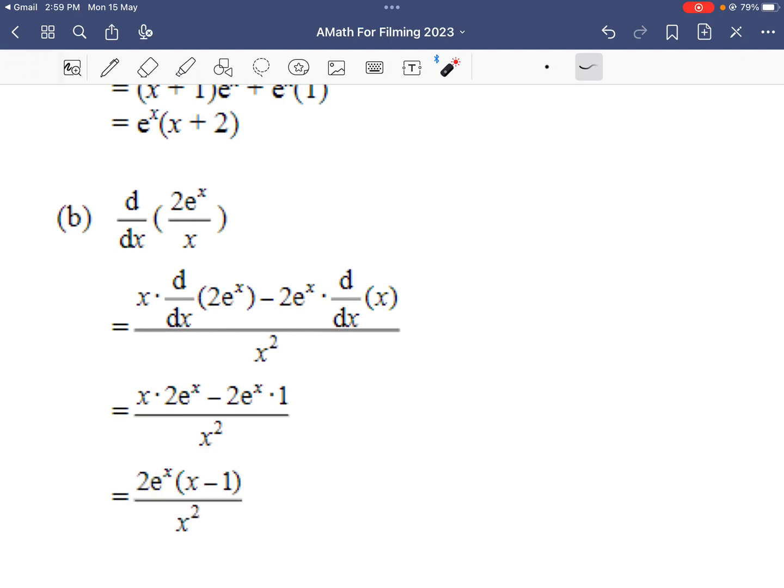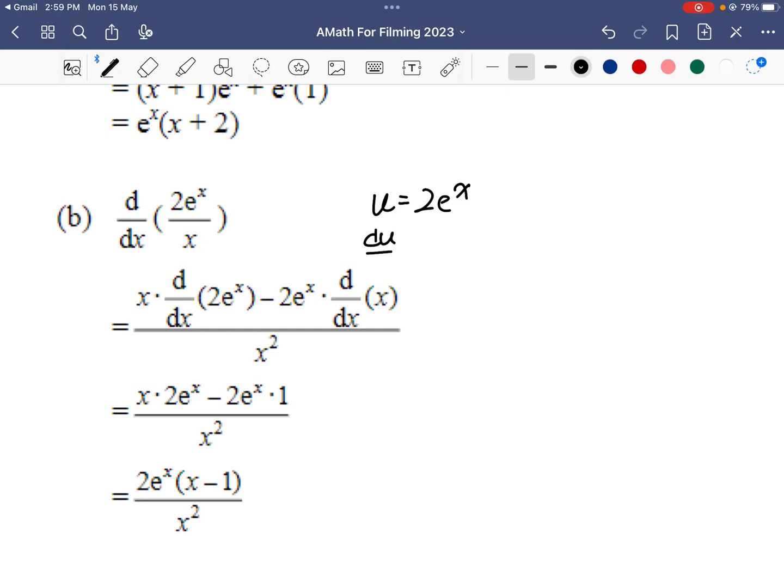For part B itself, it is similar. What happens here is this. We have the form of u over v. So this is application of the quotient rule itself. So u is equal to 2 e to the power of x.